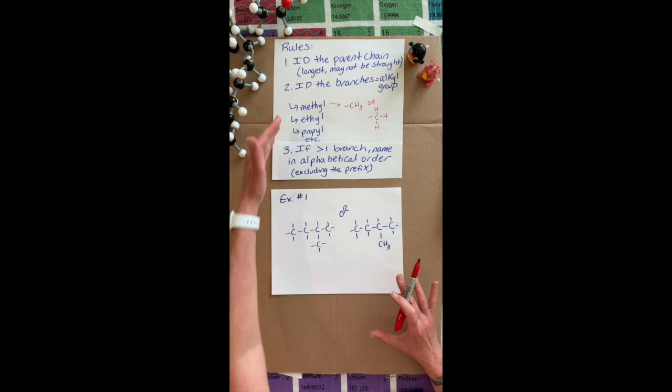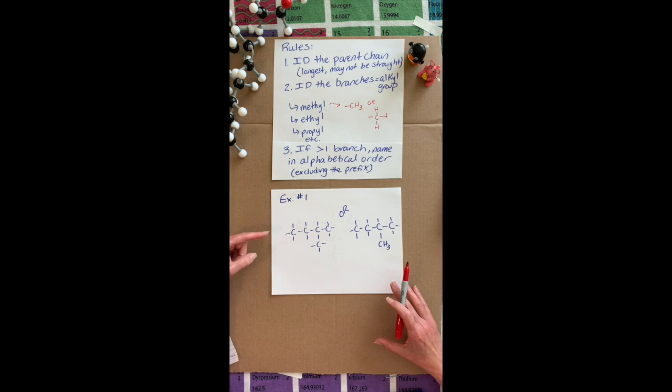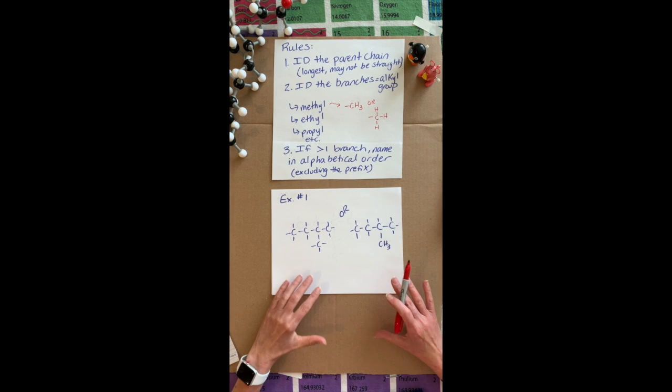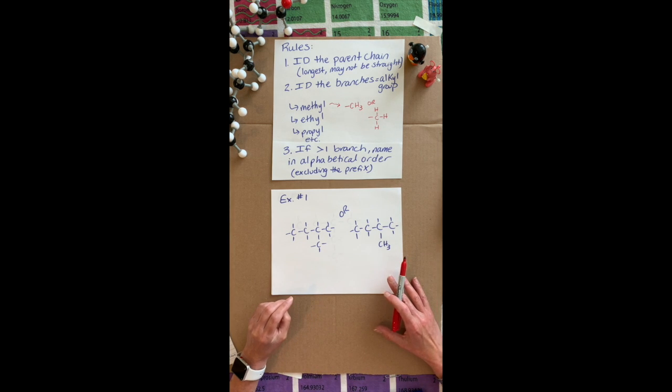The bottom line is, let's look at the rules in order though. For number 1, we're going to find the longest chain. So if I look here, 1, 2, 3, 4 carbons in that parent chain. So we know that this is a butane compound.